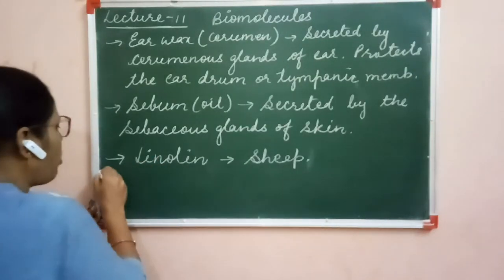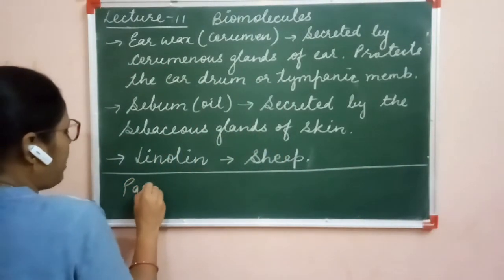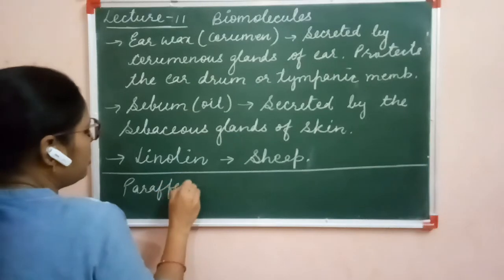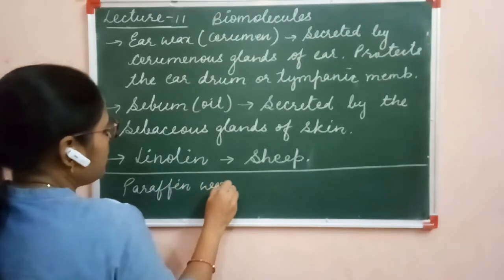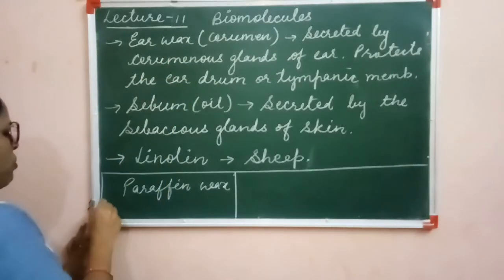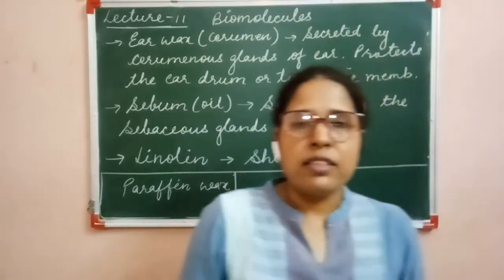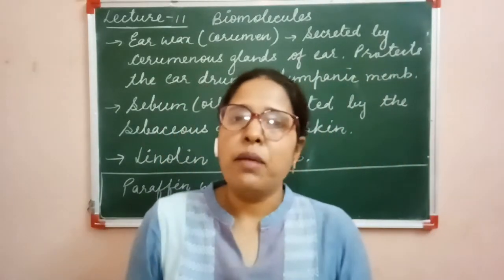One more type of wax is called paraffin wax. This paraffin wax does not come under the category of these types of waxes. The above waxes are the different types of waxes obtained from plants and animals.